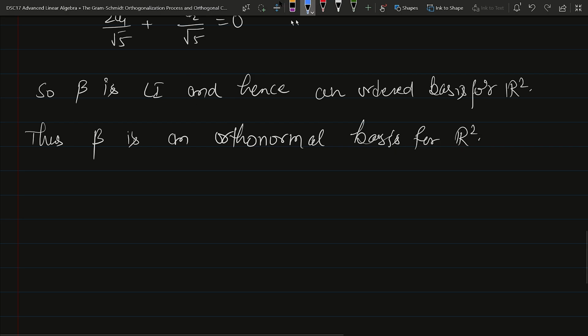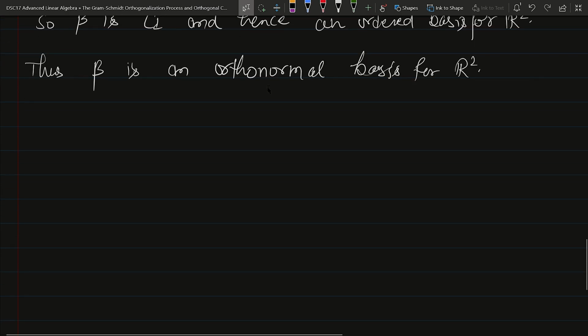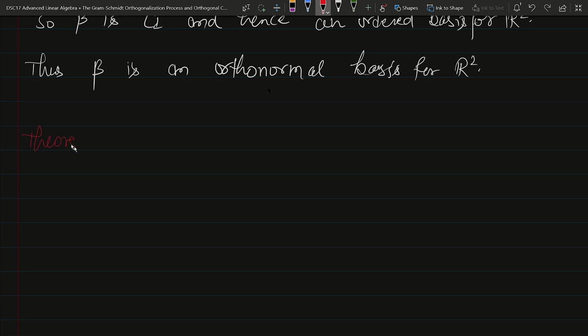Now come to a theorem which is very important, or you can say this will be the foundational work for our next lecture. So let me write the statement of this theorem. Theorem 6.3.